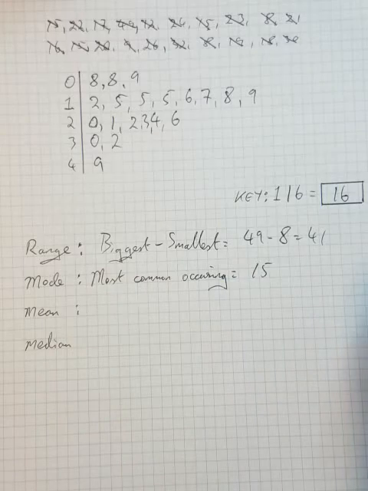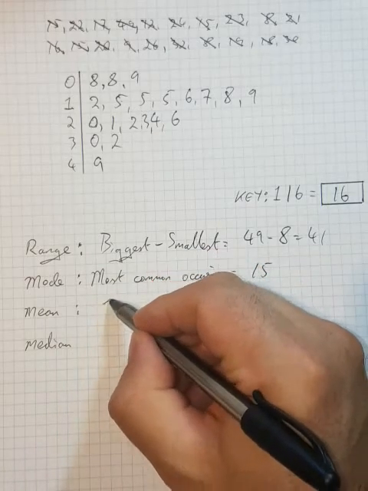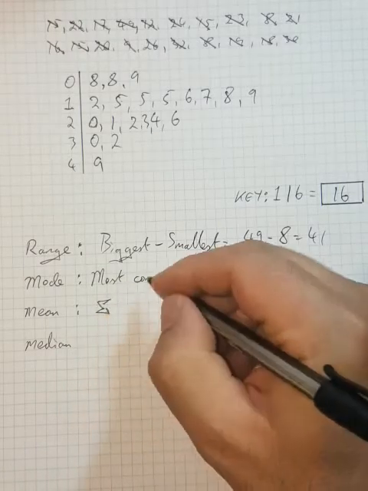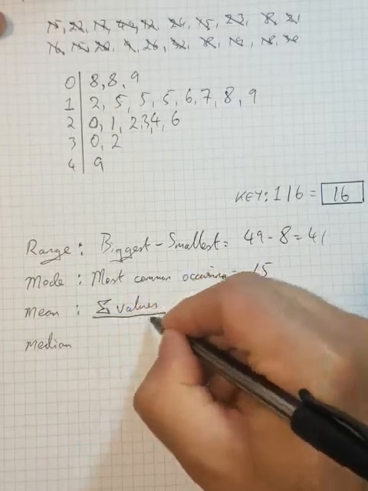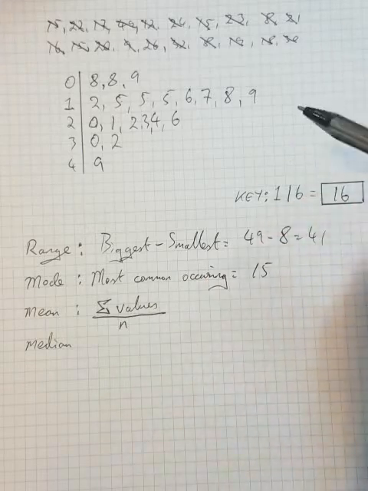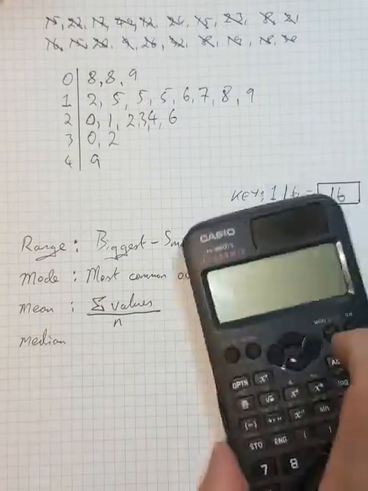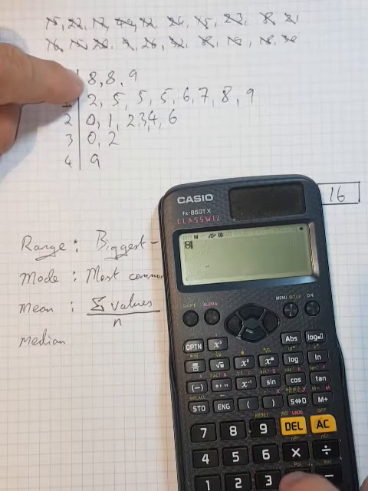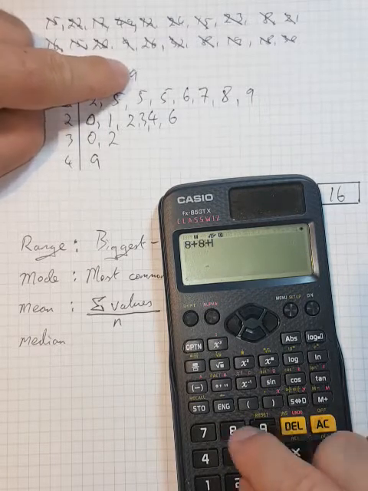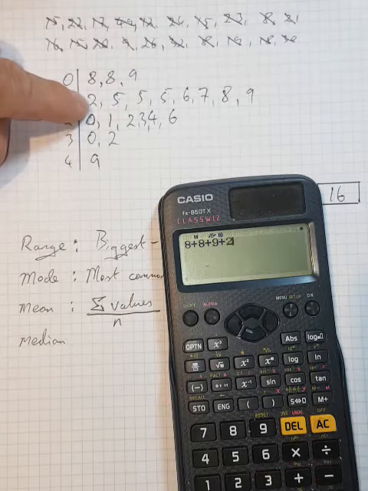Now, mean, which is the sum total of our values divided by n, which is the number of values, okay? So we need to do this. So let's make sure we don't make any mistakes. 8 plus 9 plus 2. No, it's not 2, folks.